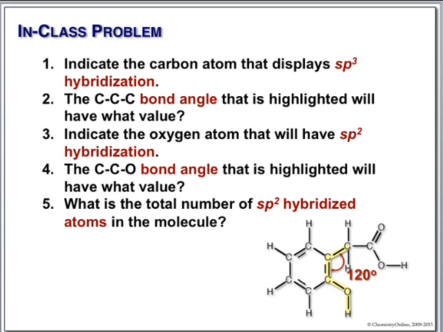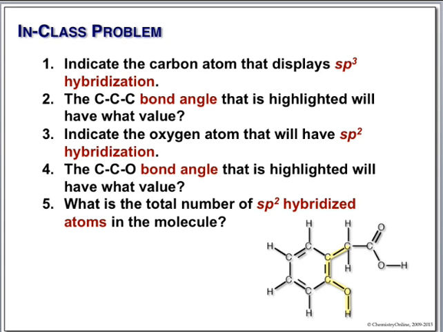All right, our next one. Find an oxygen with sp2 hybridization. Remember, sp2 is a double bond, isn't it? This oxygen has two bonds to it, two separate bonds.